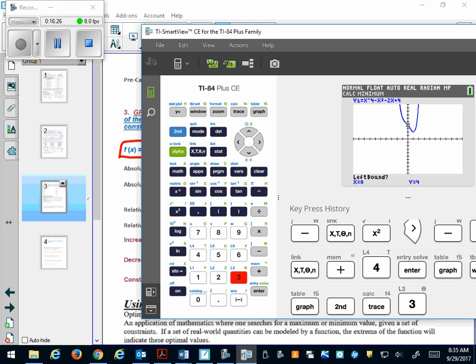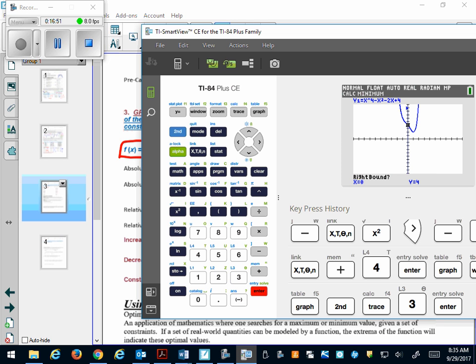And now it's asking you left bound, and it's going to ask you right bound. So if you look, it has a little cursor blinking on the screen here, asking you, is this to the left of the minimum you're trying to find? Yes. So we're going to push enter.